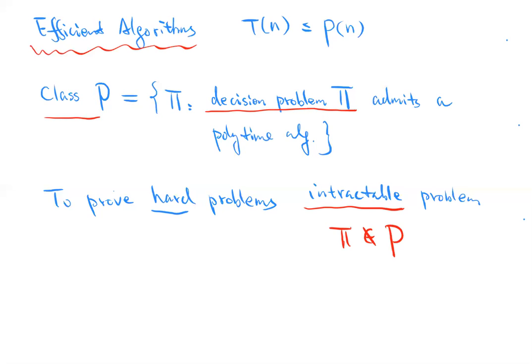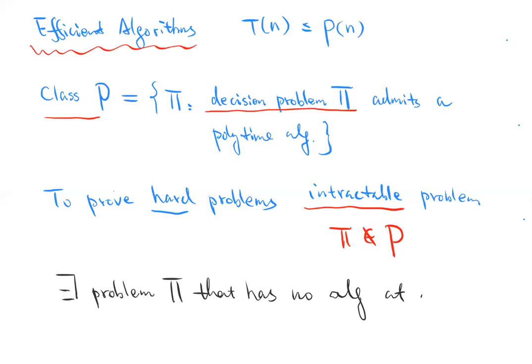So how do we prove hard problems? Of course, ideally, we would like to have absolute proof. For example, actually, we can prove that certain problems do not even have algorithms. So actually, we can prove that there exist problems that cannot be solved by any computer at all.